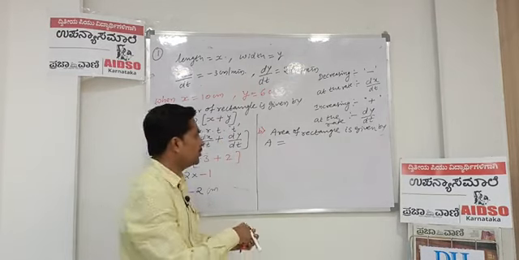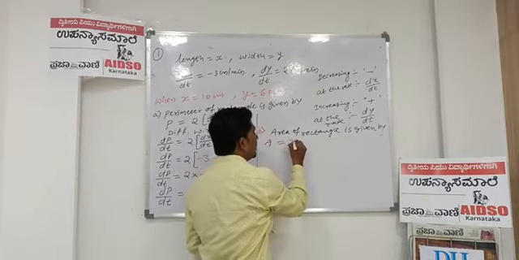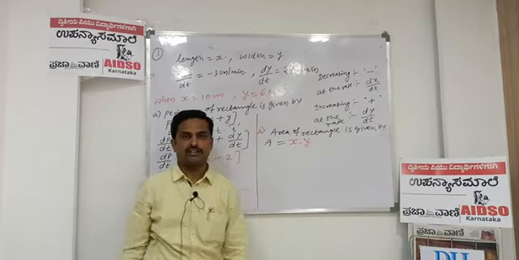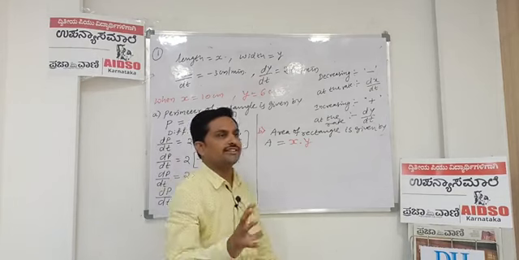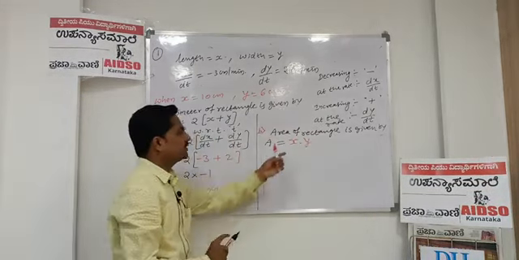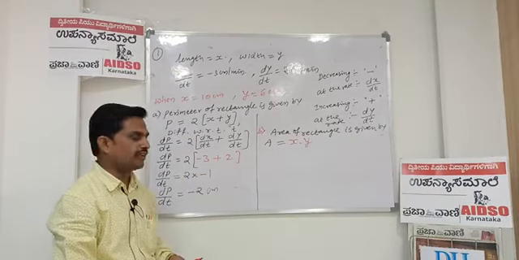Here the length is x and the width or breadth is y. So remember, the area of a rectangle formula is A equals x into y.